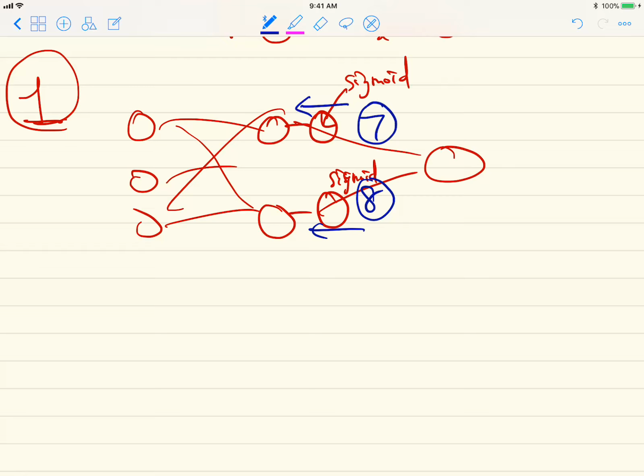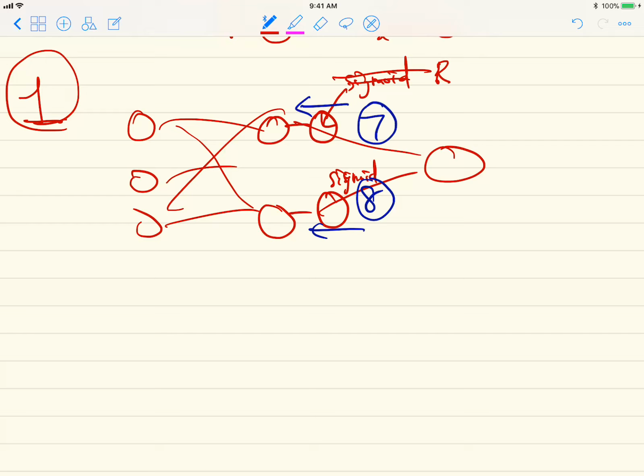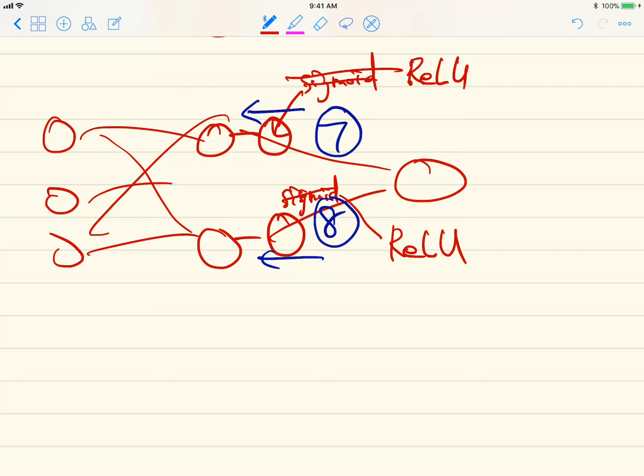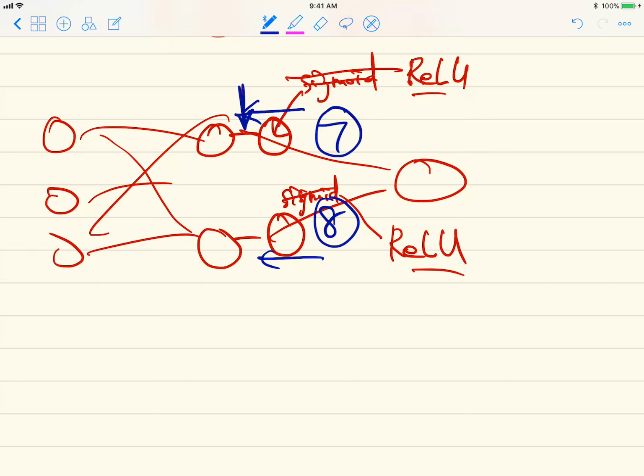But what about the ReLU unit? In this case, instead of sigmoid, we will use ReLU. Let's think about the forward propagation and the activation, or the input to these ReLU units. I'm talking about the activation of this point, which is a result of the linear combination from these three input nodes, right?